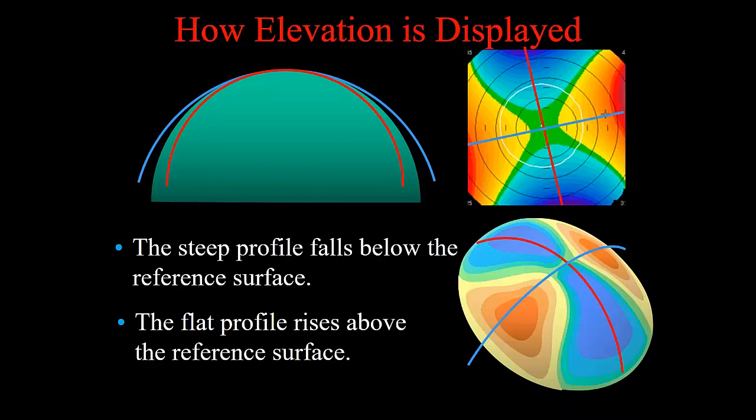For almost all our displays, we use the best fit sphere taken from the central 8 mm zone. If you have an astigmatic cornea, the flat meridian rises above the best fit sphere and the steep meridian falls below it. If you have a regular astigmatic cornea, this is the type of elevation map you would see, where this is the steep meridian and this is the flat meridian.